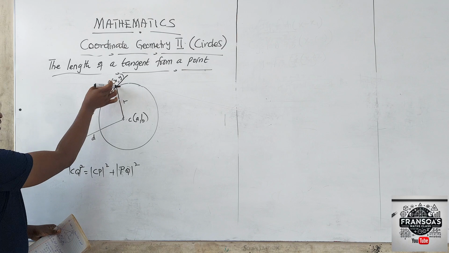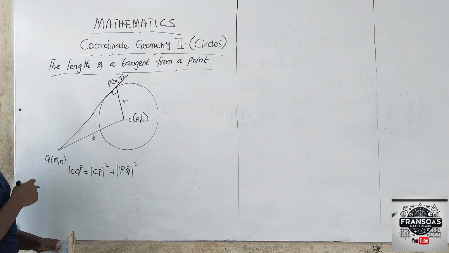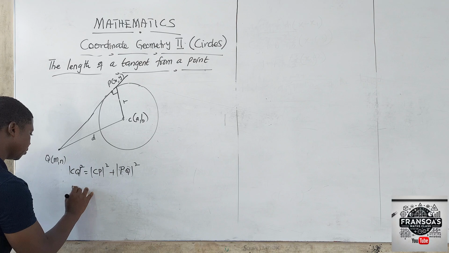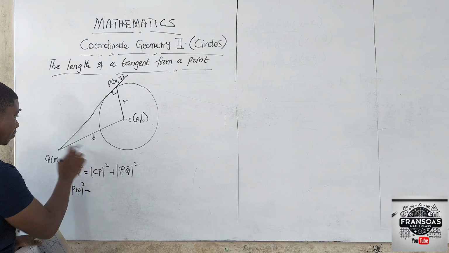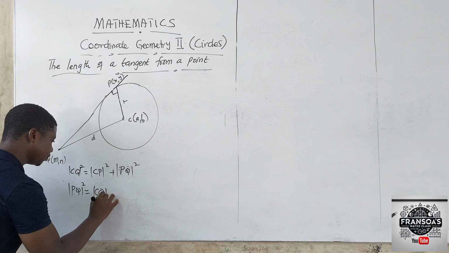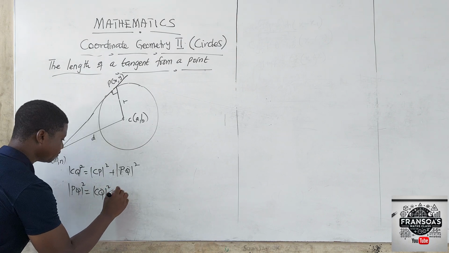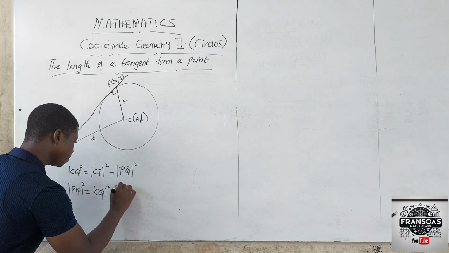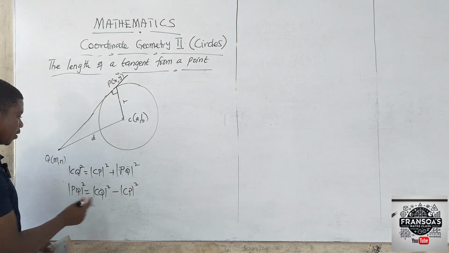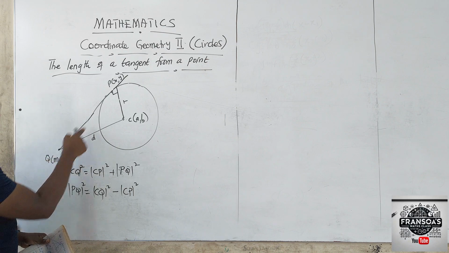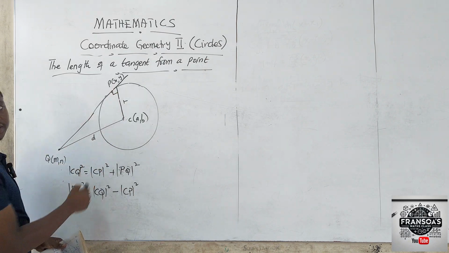We want the PQ, which is the length of the tangent. So PQ squared is equal to CQ squared minus CP squared. But CQ is D and CP is R.